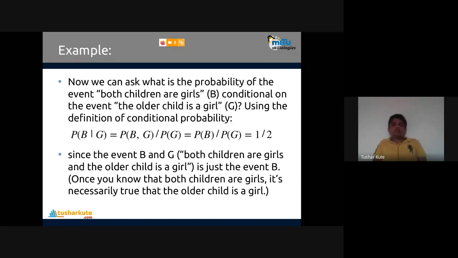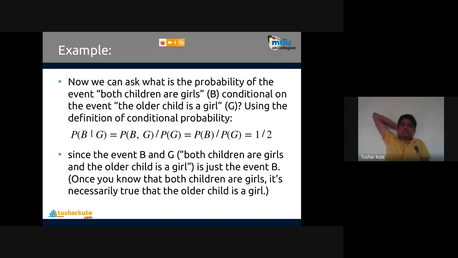Now we can ask what is the probability of the event both children are girls, conditional on the event the older child is a girl. Older child is a girl, that is G. So the first event is B, the second is G. Using conditional probability we can derive the formula. Check it out.